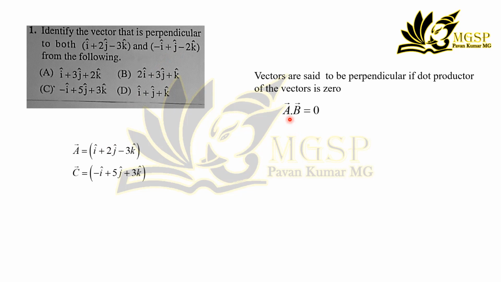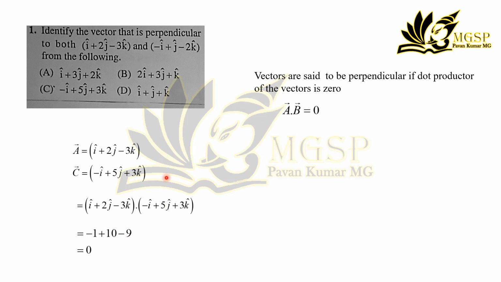We have to do the dot product of those two vectors. When you dot, minus 1, then 2 into 5 that is plus 10, minus 3 into 3 that is 9.